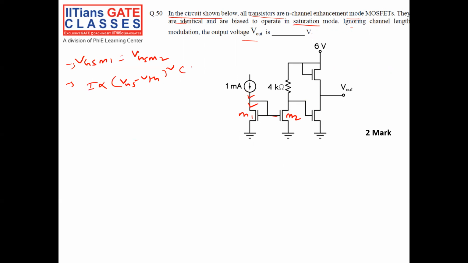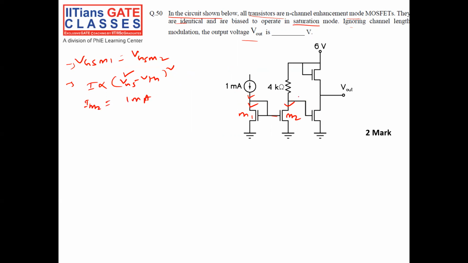If channel length modulation were there, it would have been 1 plus lambda VDS, but since it is not there, I have to ignore this effect. So the current solely depends upon VGS. Since VGS is the same, 1 milliampere will flow through M2. So I of M2 is equal to 1 milliampere, because VGS are the same.